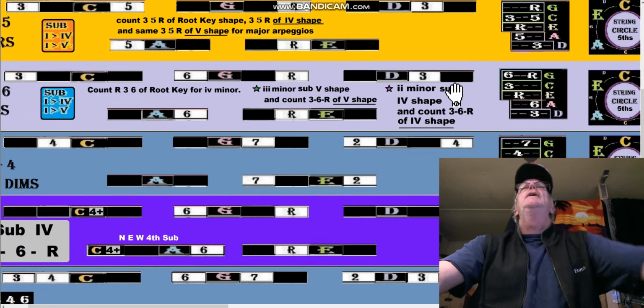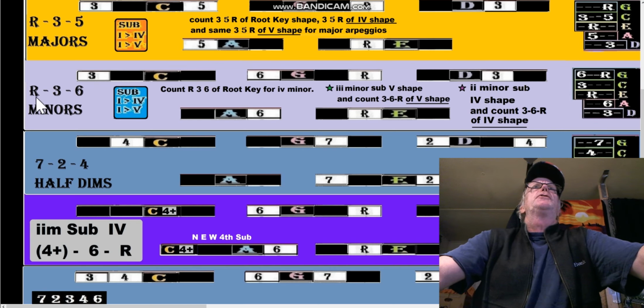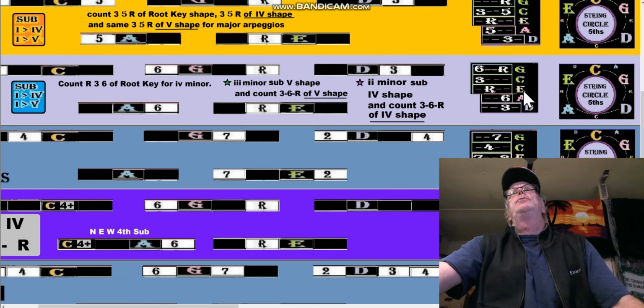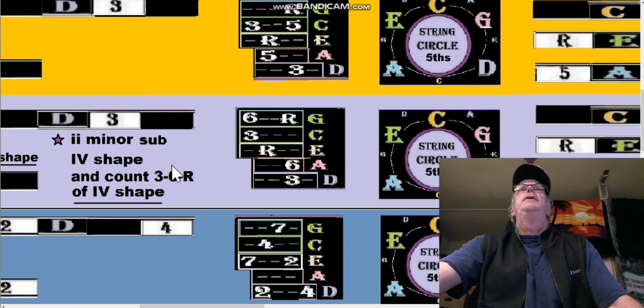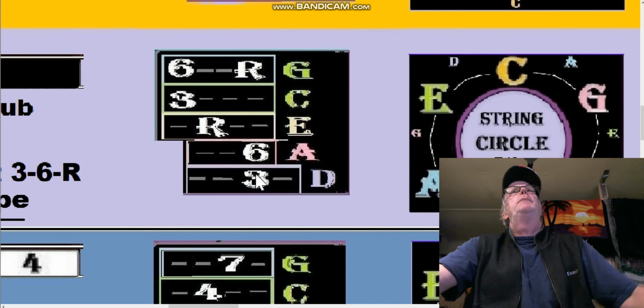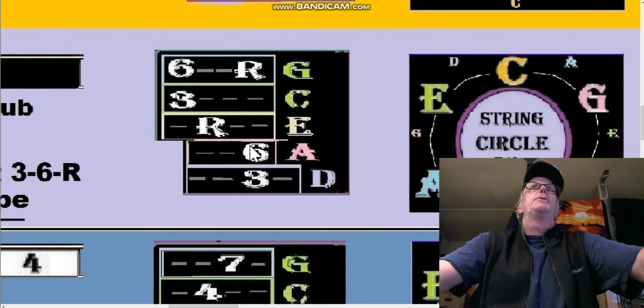So again, with the minors, you only have to know root 3, 6 of the string shapes. So in other words, these are the string shapes for the minors, and you just use the proper string shape substitution. So with the 3rd, you would use the string shapes for the parent of the 3rd, which is the 5th, whatever that may be.